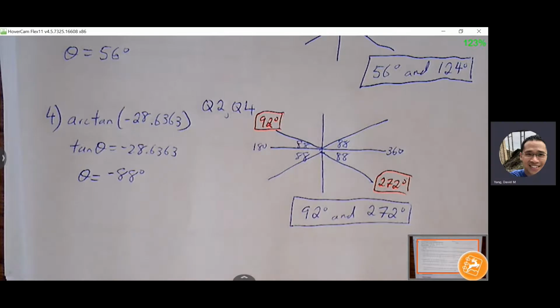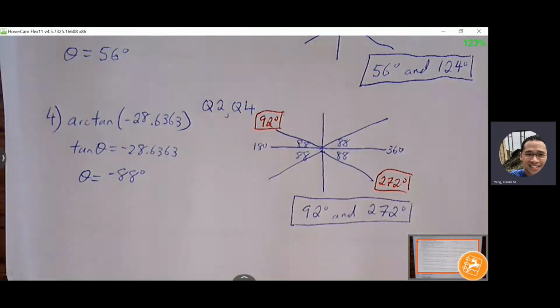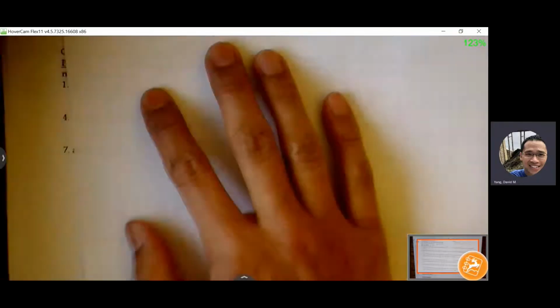Everybody good so far, 1 through 4? Okay, I'll continue working through.